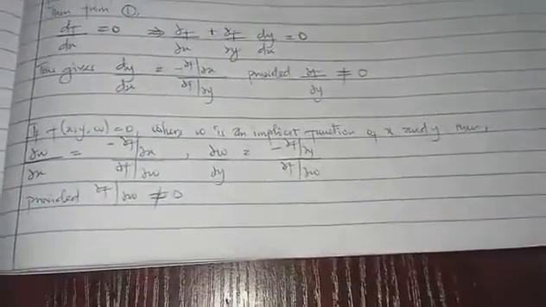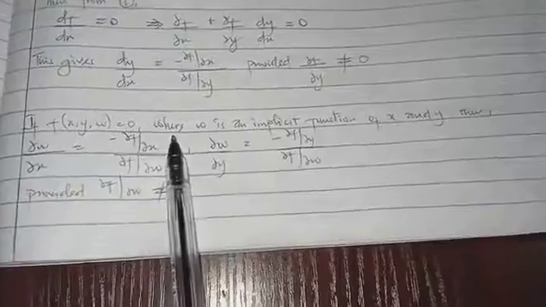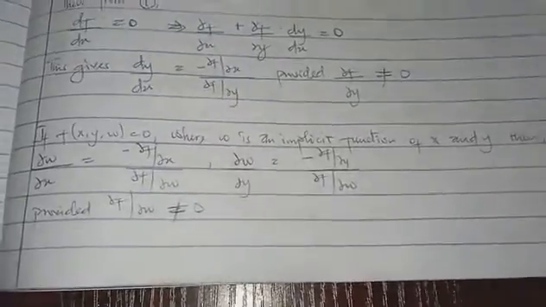Now if you're given an implicit equation, let's say it contains three variables, where w is an implicit function of x and y, then dw over dx is equal to partial w over partial x. How do you make this work? Remember what I told you in the first one: when you want to find dy over dx, you make dy over dx the subject of the formula.